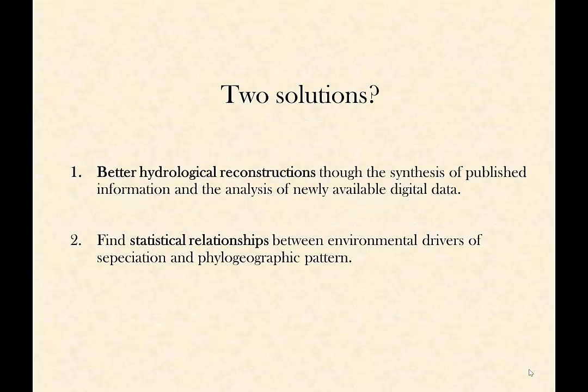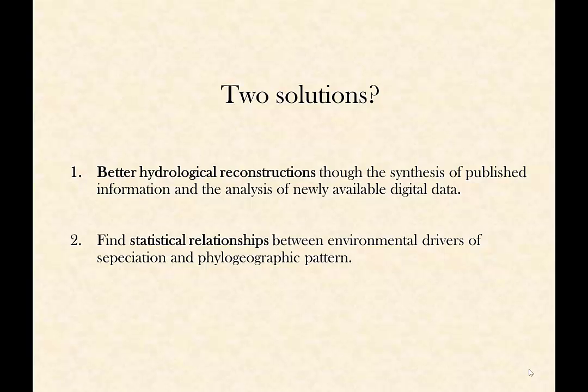Well, here are 2 solutions. One is just to say, okay, the information we've got on past hydrology is surely only a small amount of what exists out there. Can we get better hydrological reconstructions through the synthesis of other data?